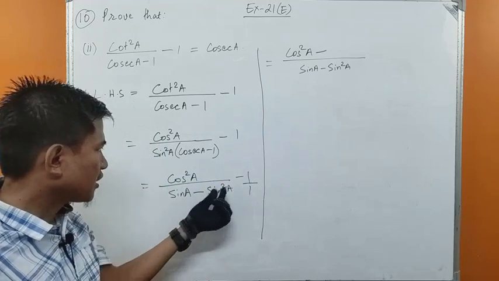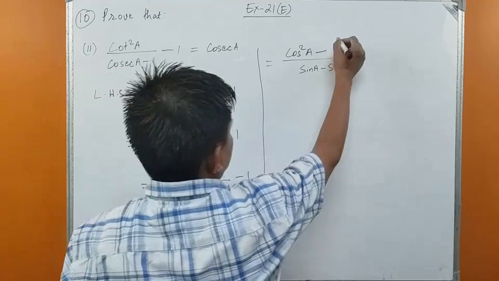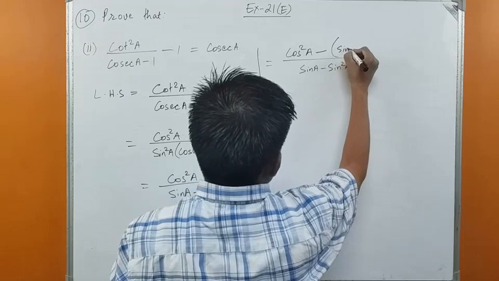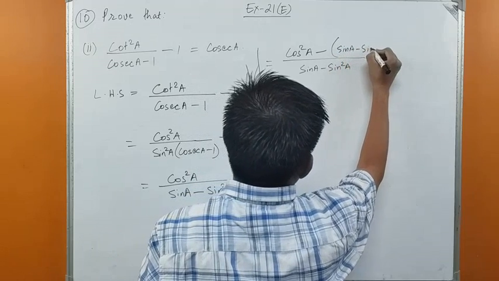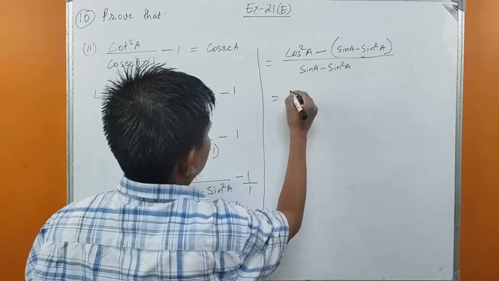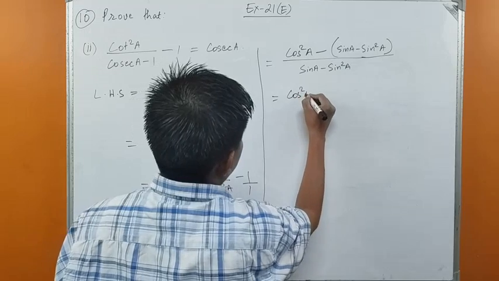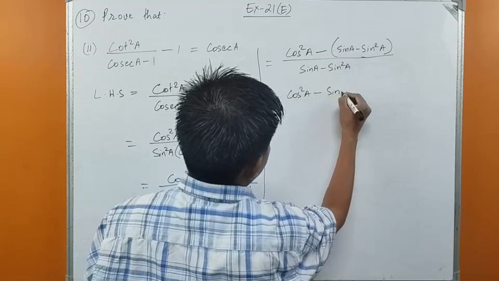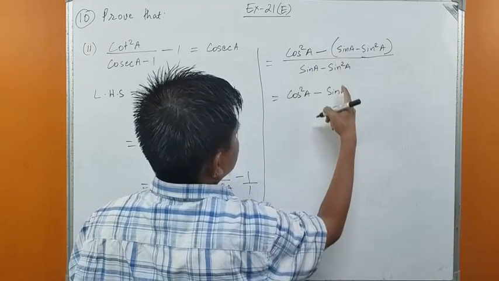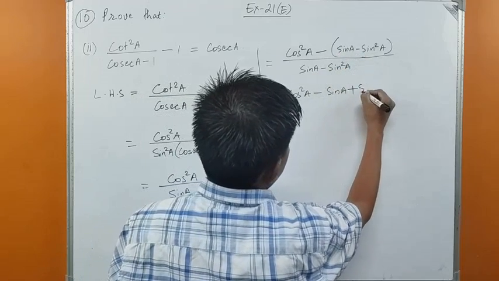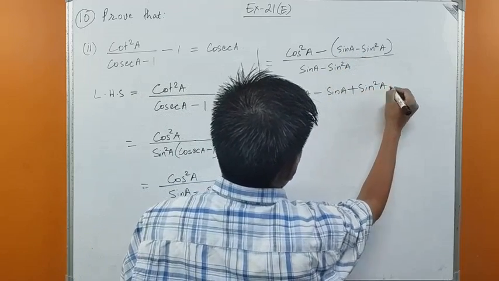So this number into 1 means sin A minus sin square A. So we have cos square A here, minus into plus, minus sin A, minus into minus, plus sin square A.